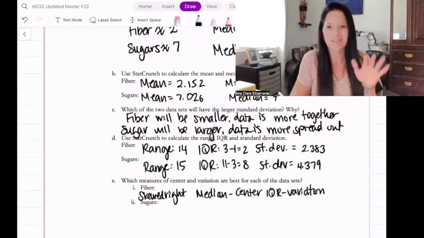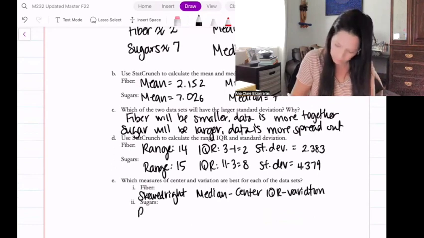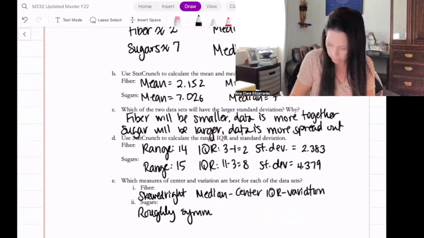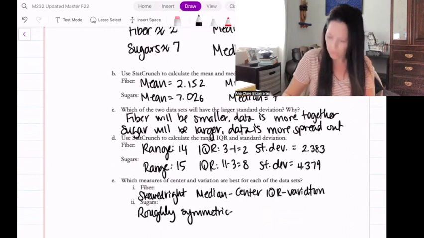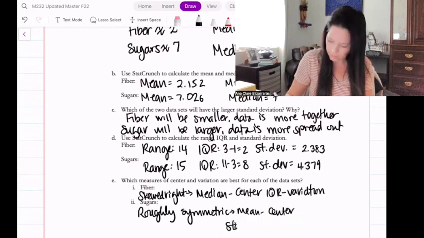And then sugars is roughly symmetric. So we're going to use the mean for the center and standard deviation for the variation or spread.